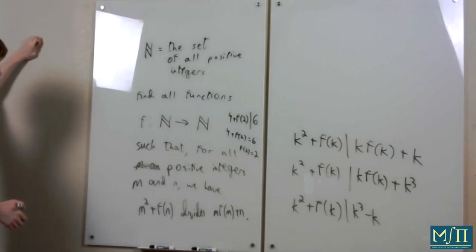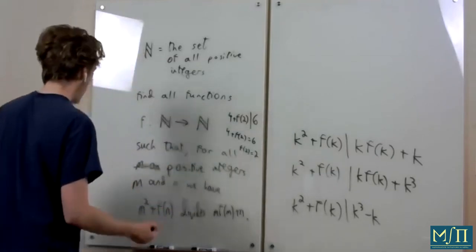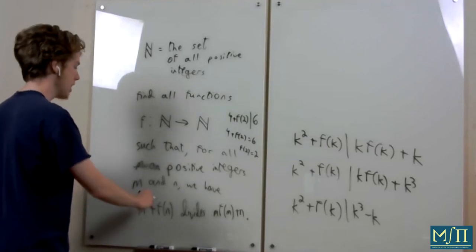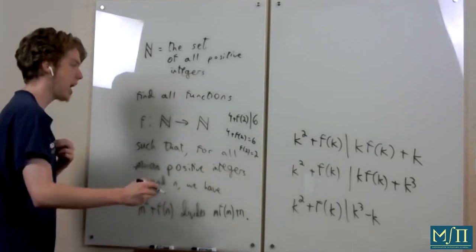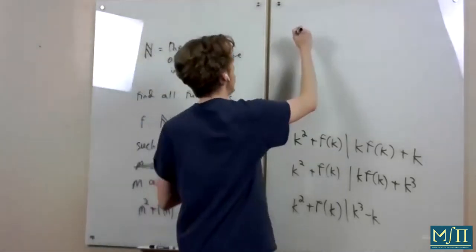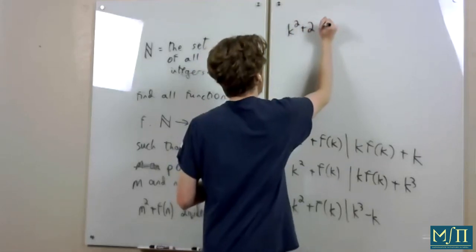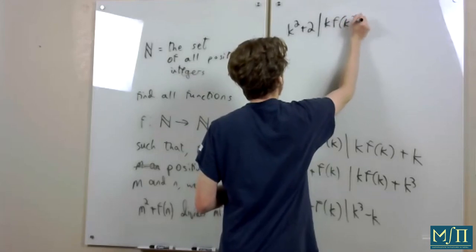Because now that we have a value, we can plug it in for one value, or we can plug it in for the other value. So for any positive integer k, instead of plugging in k and k, if we plug in k and 2, we get k squared plus f of 2, and we know f of 2 is 2, so just k squared plus 2 divides k times f of k plus 2.